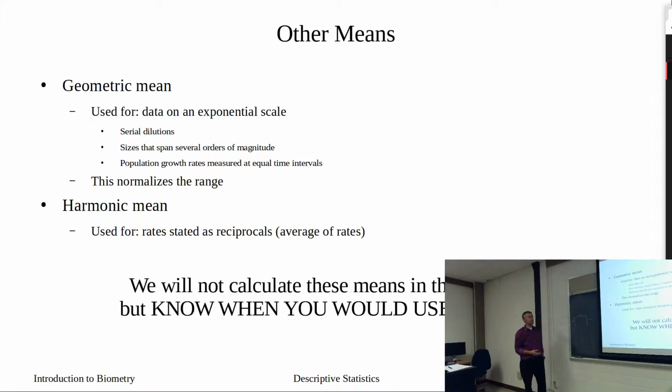But I do think you should recognize when we would use each of them. The most common mean that we use is the arithmetic mean, unless you're working in a micro lab or an immunology lab and you're doing a bunch of serial dilutions, then you're going to use the geometric mean, or as I said, you just take the log of your data and then you're right back to the arithmetic mean.